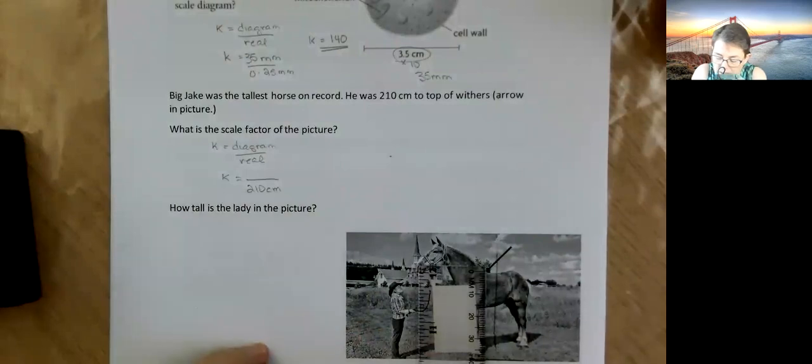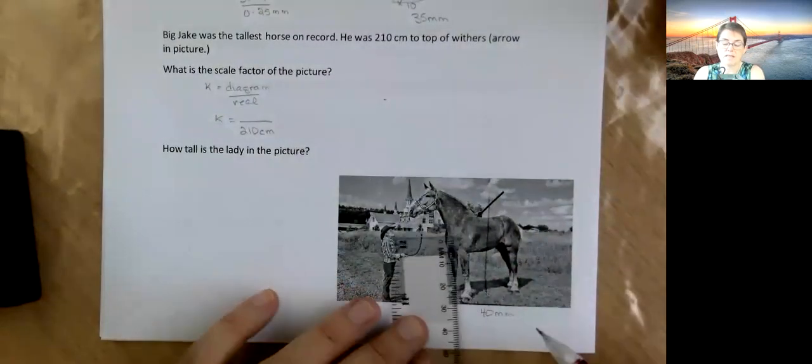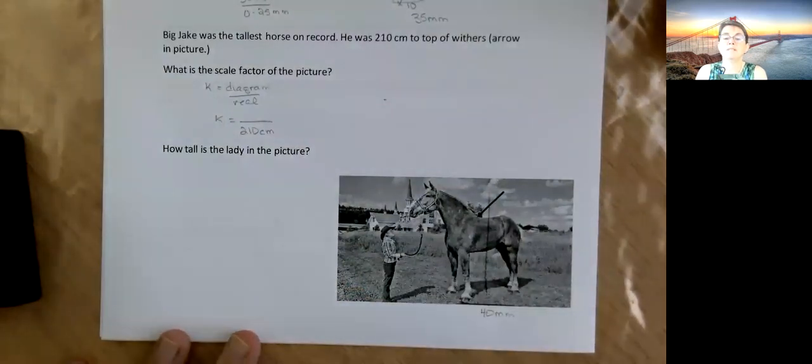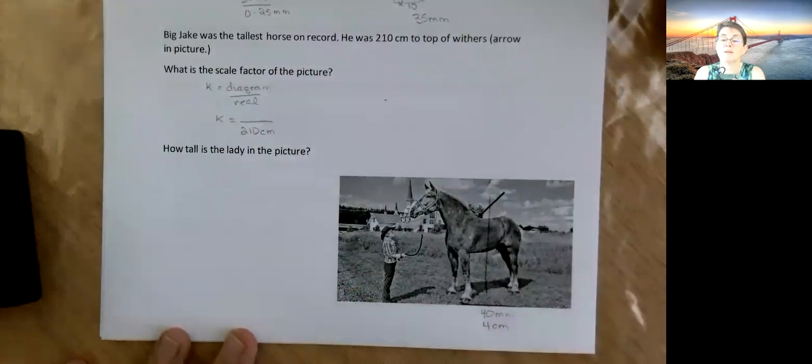It's 40 millimeters, that's what my ruler says. But the measurement of Big Jake was in centimeters. So that's 4 centimeters. Remember, millimeters to centimeters is always a factor of 10, and millimeters is the smaller one.